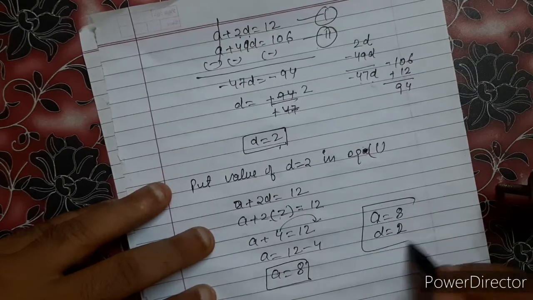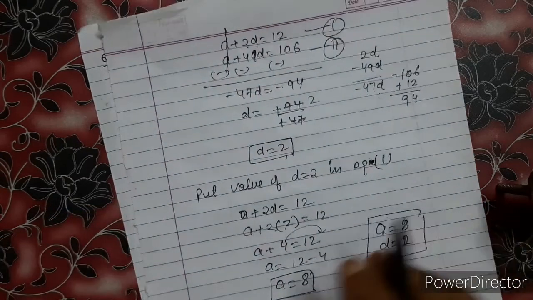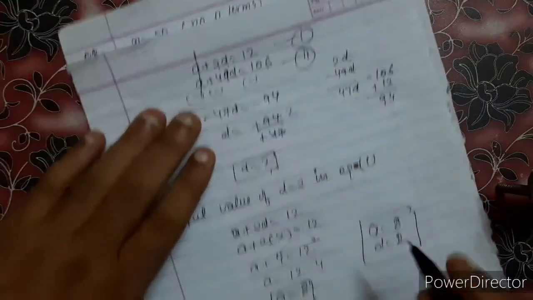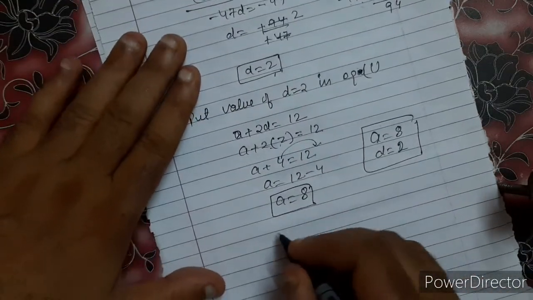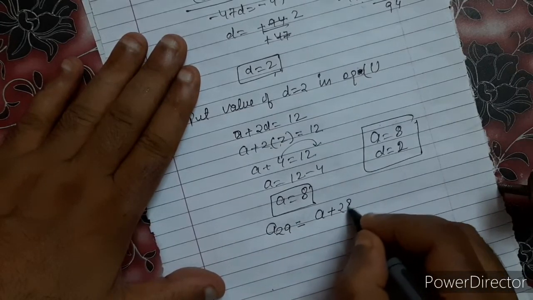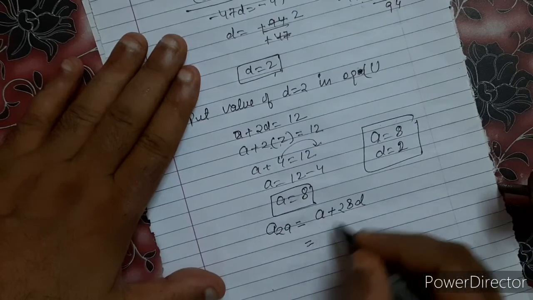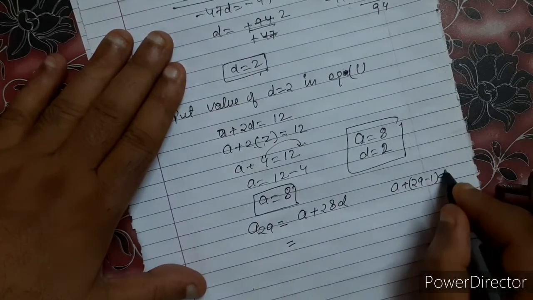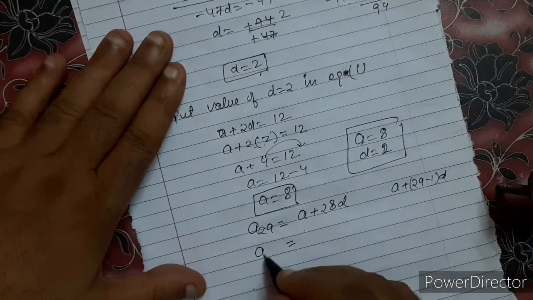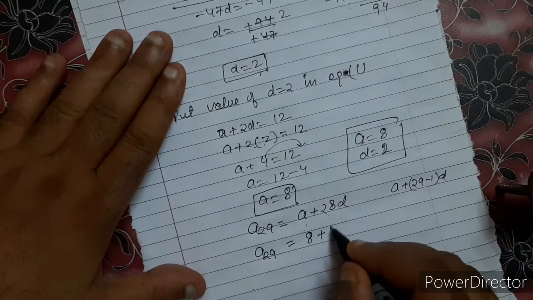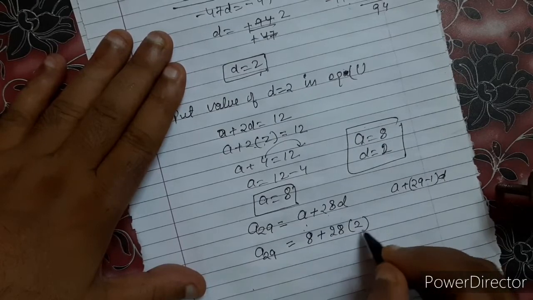And what do we have to find out? We have to find out a29. Which value do we have to find? a29. a29 means a plus 28d, how? a plus 29 minus 1 into d. What is the value of a? 8, plus this is 28 into 2.